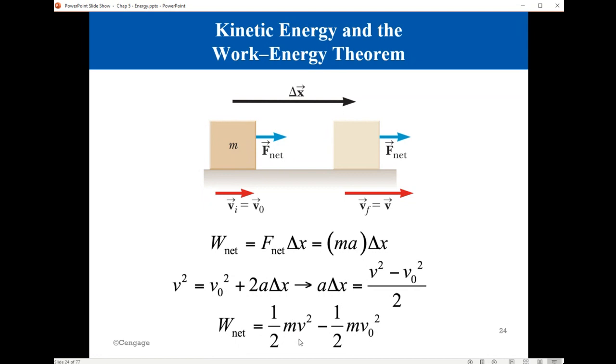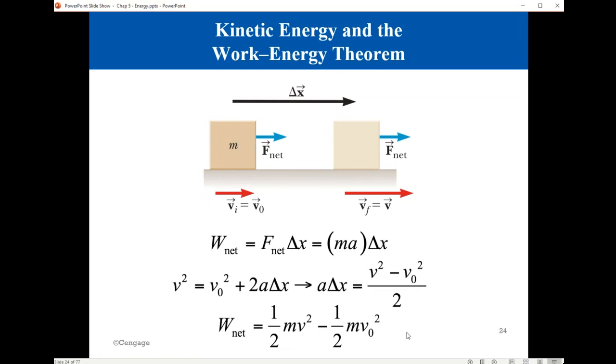This is a very important conclusion. The quantity half mv squared is the kinetic energy of the object, the final kinetic energy here at the final position. And half mv naught squared is the initial kinetic energy that the object has at the initial position.